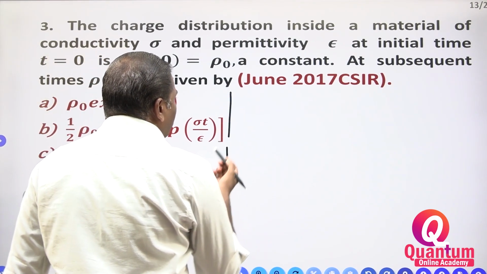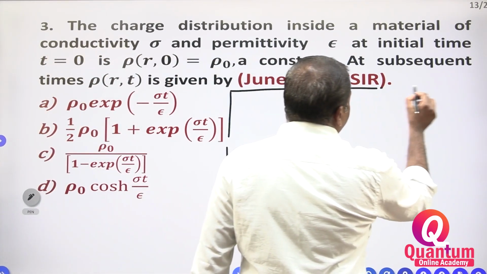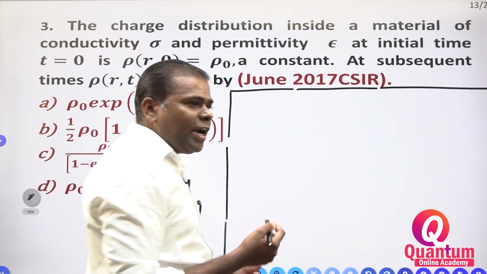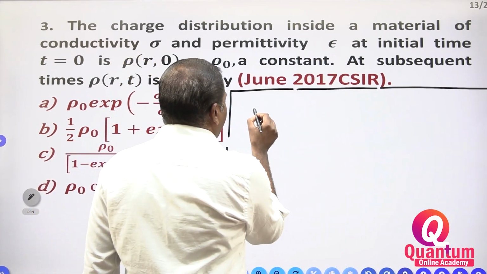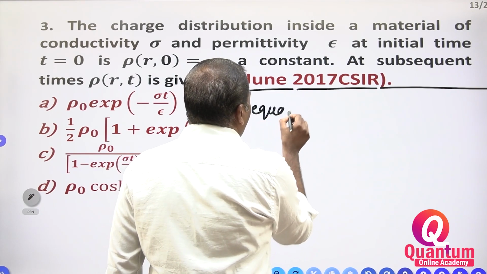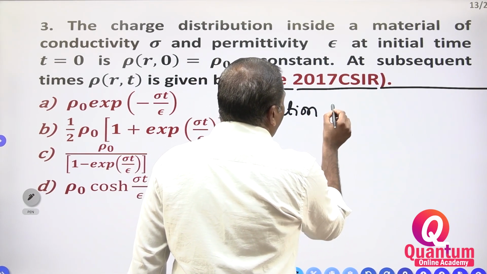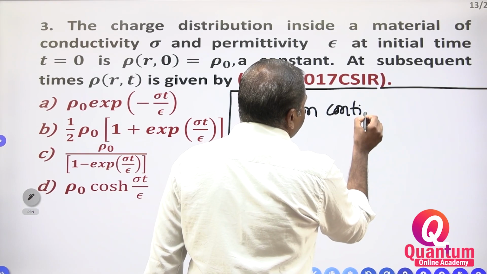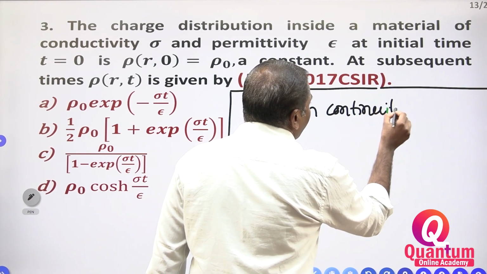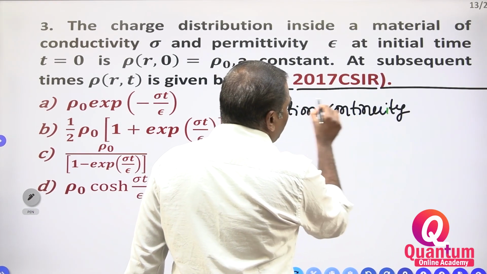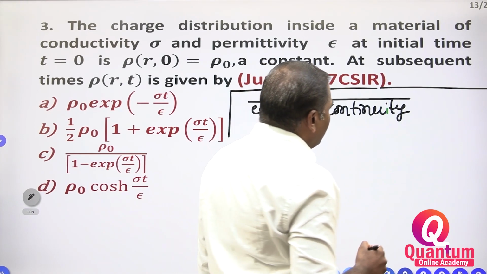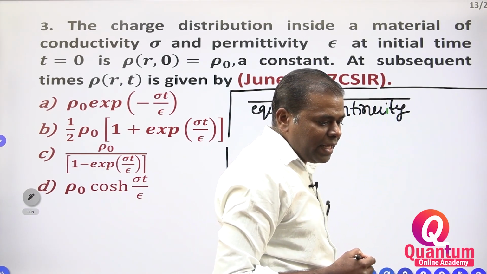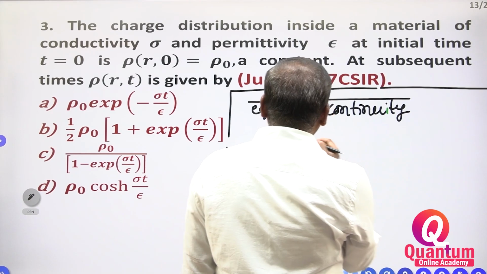First, you know the equation of continuity. This is the conductor. In a conductor, what is the equation of continuity? We have to write the equation of continuity.